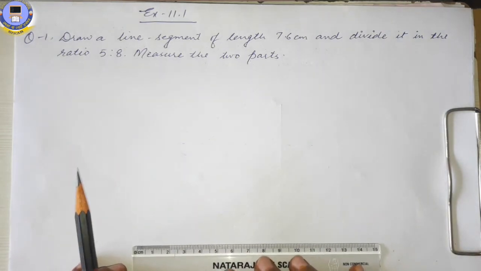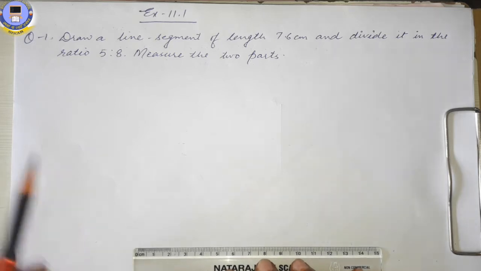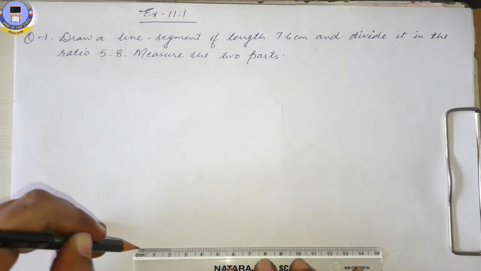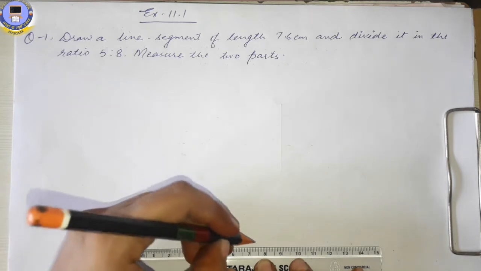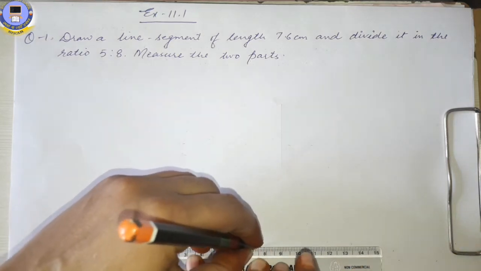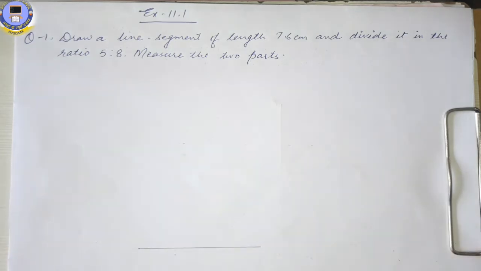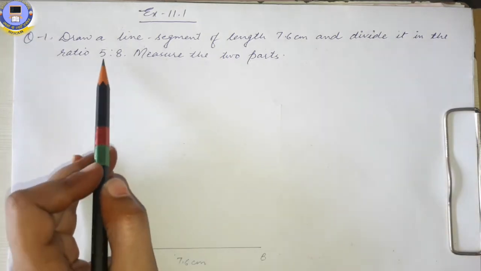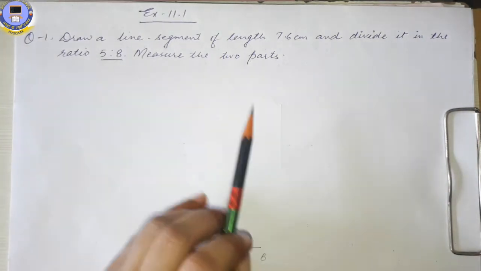So we'll draw a line segment of length 7.6 centimeter. Label it as AB. Its length is 7.6 centimeter.